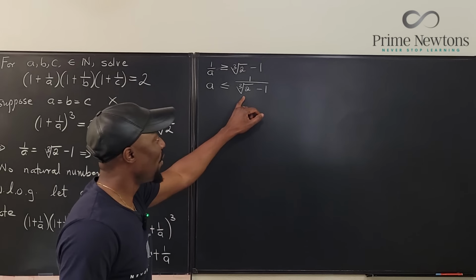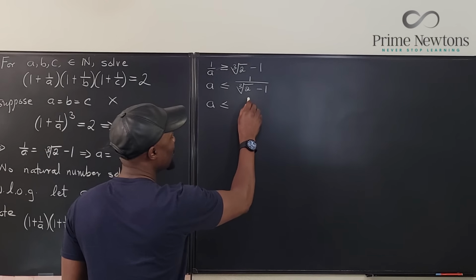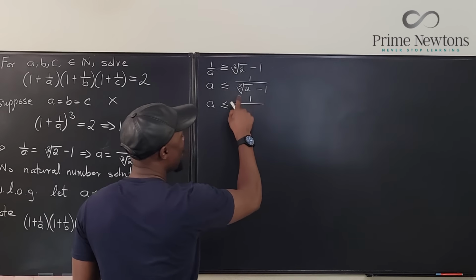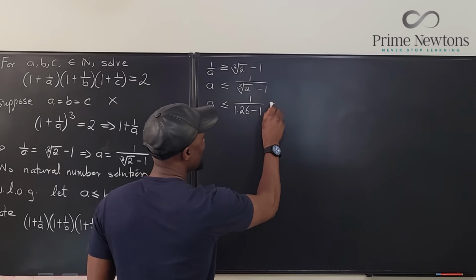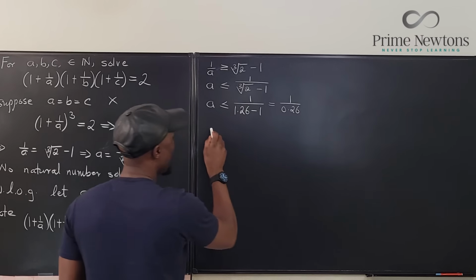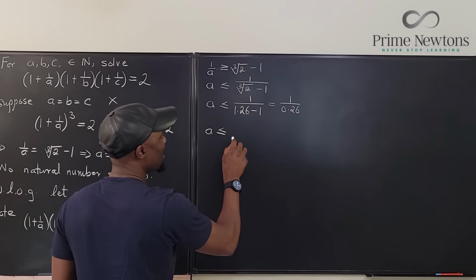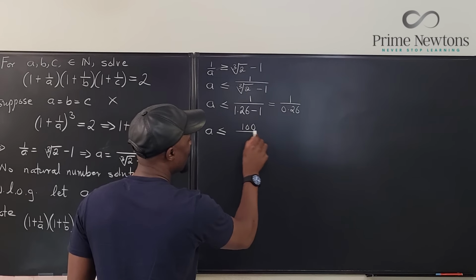So I know that A is less than or equal to 1 over 1.26 minus 1, which is equal to 1 over 0.26. Hey, A is less than or equal to 100 over 26.